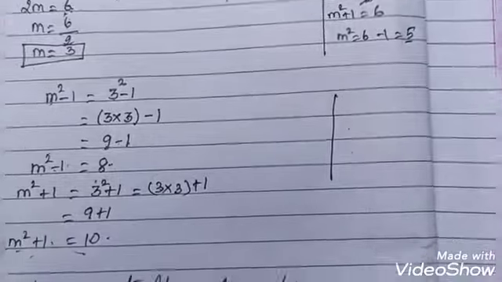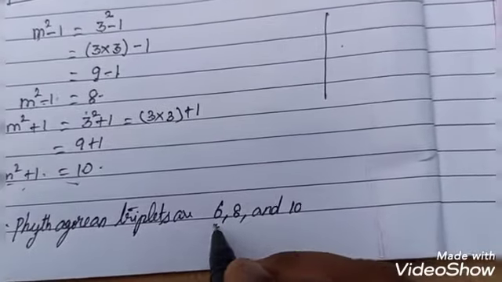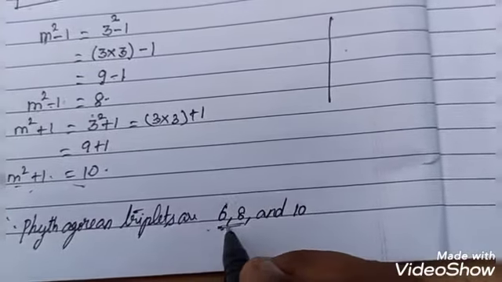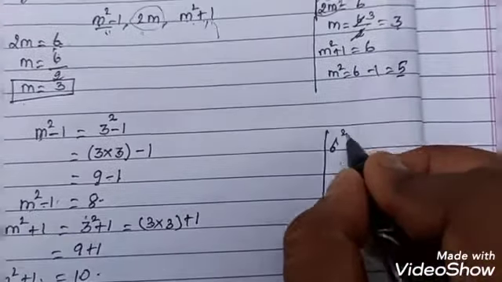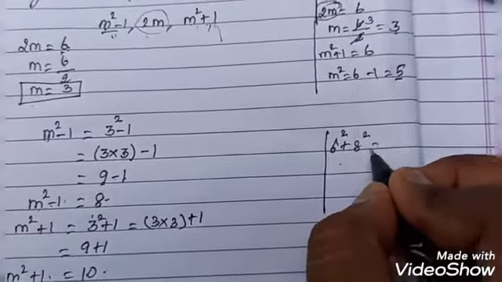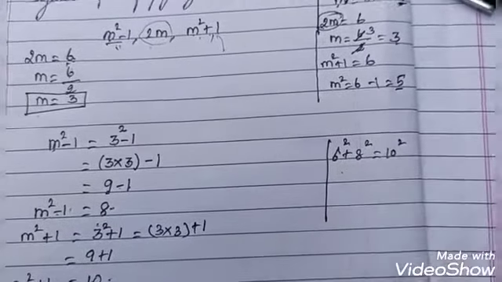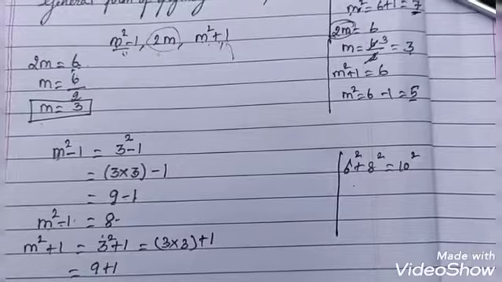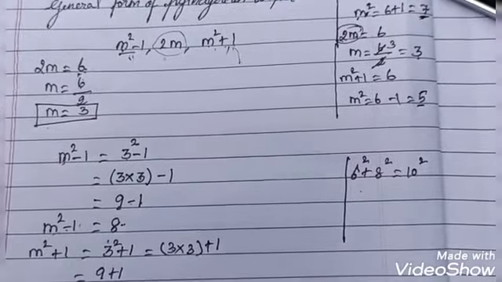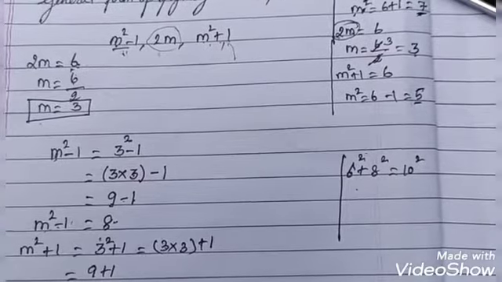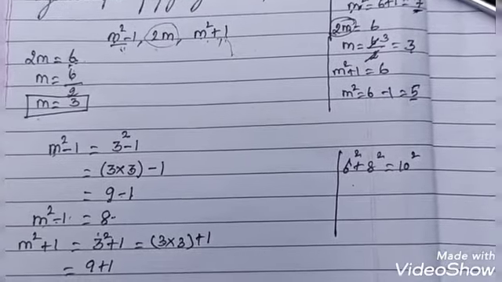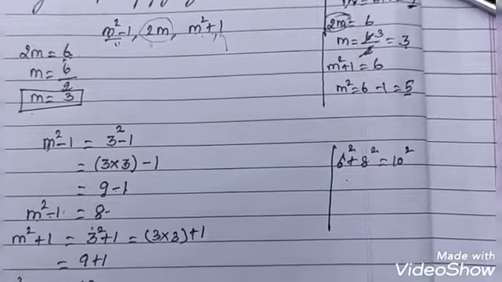You need to take the smaller values, square them and add. For example, 6 square plus 8 square is equal to 10 square. Before I explained Pythagorean triplets, on that day I explained Pythagoras theorem: hypotenuse square is equal to the sum of the squares of the two sides.